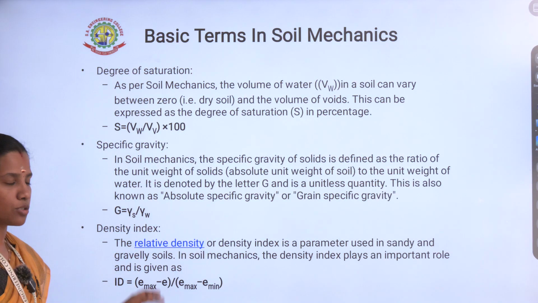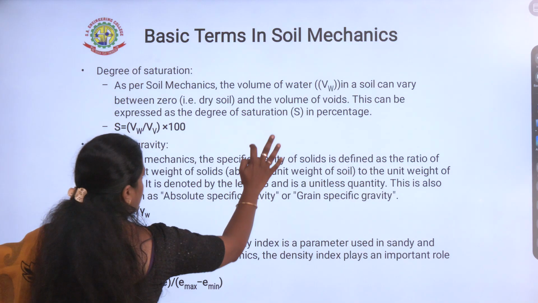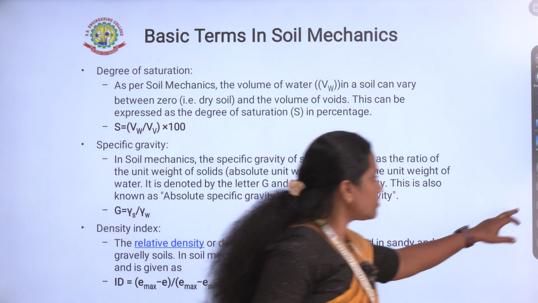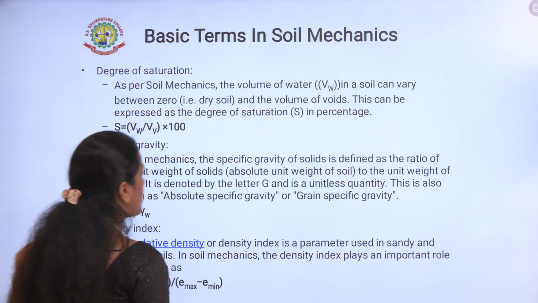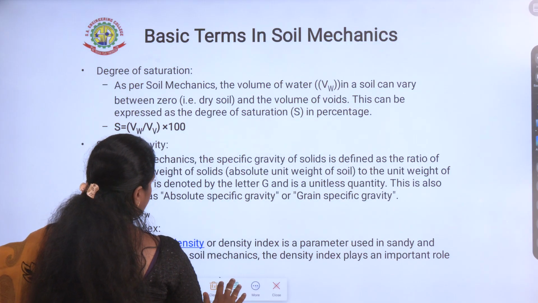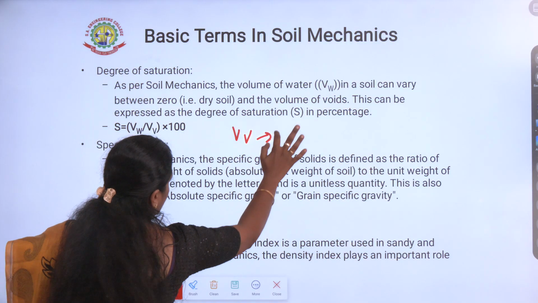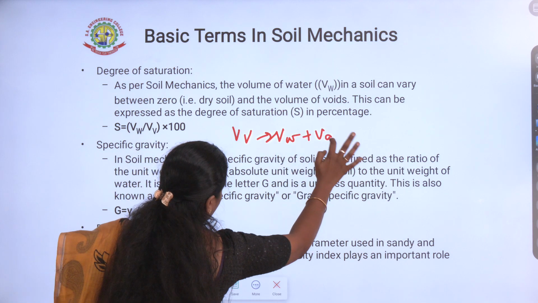Then coming to degree of saturation, we have two types of voids, water voids and air voids.